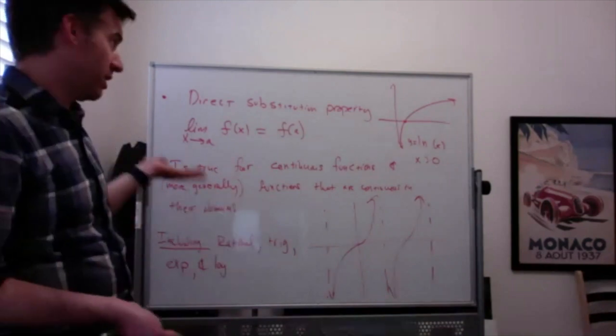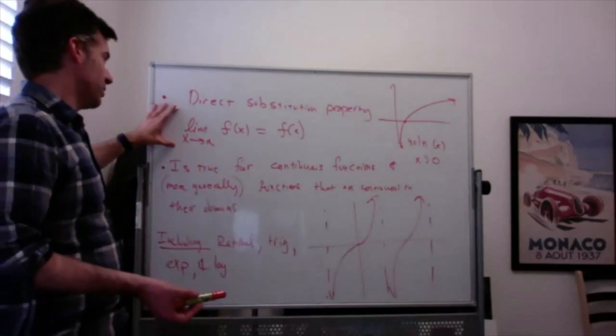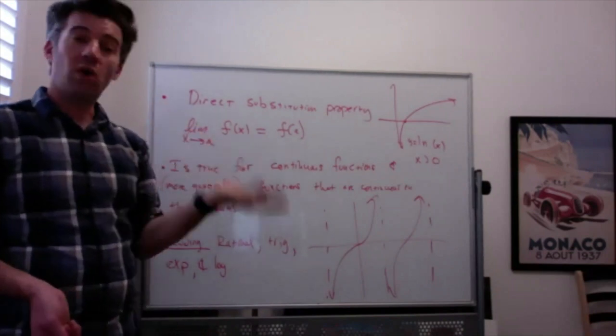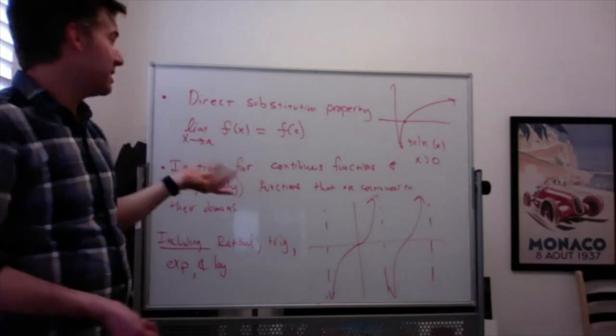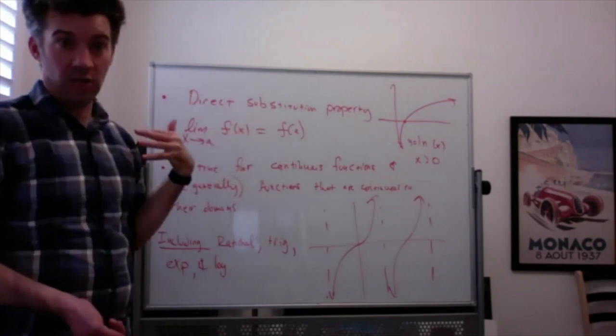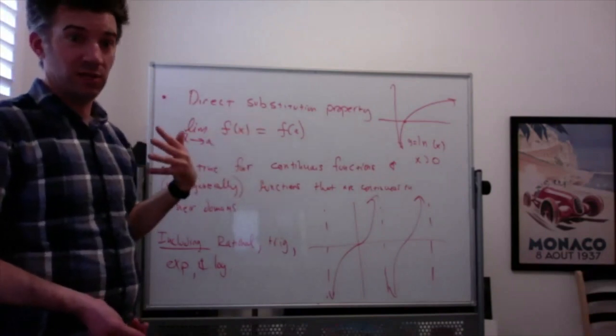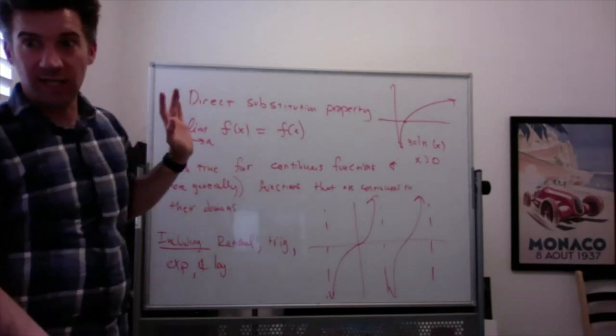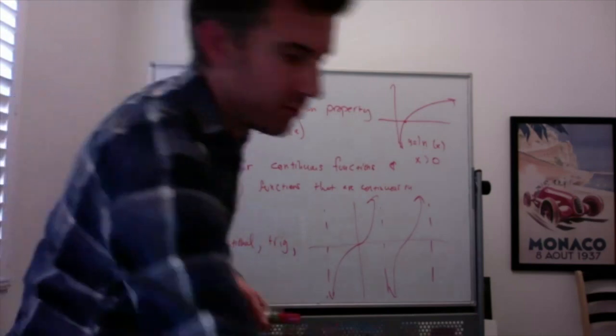So that's what we mean by the direct substitution property. That the limit as x approaches a of f of x, you just plug in a for x and you get f of a. Which you also might recognize is the condition of being continuous. Right? For a function to be continuous, this has to be true. So let's actually talk about that in the last 20 minutes we have.